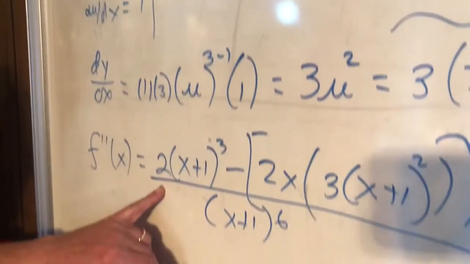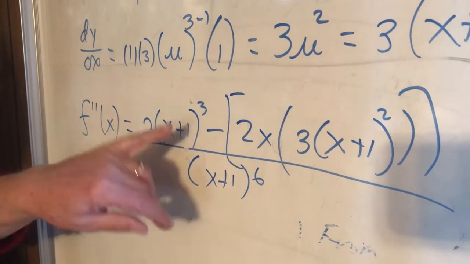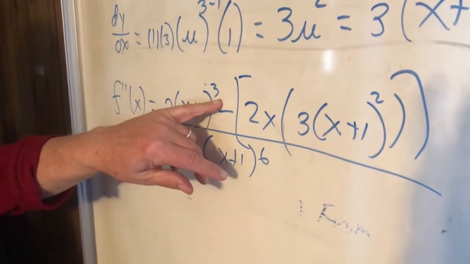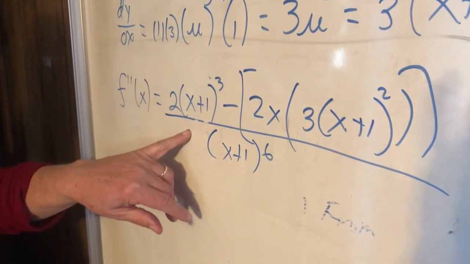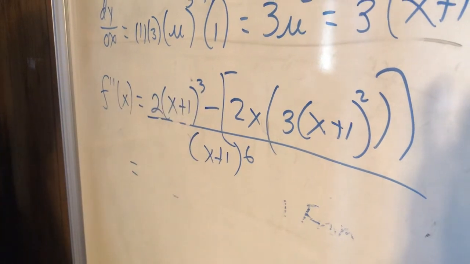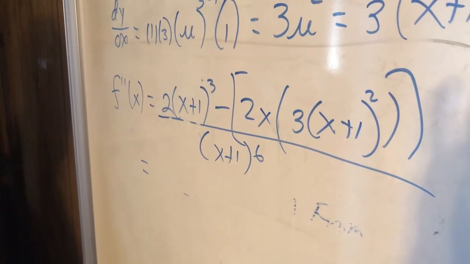All right, now, well, I cannot distribute this across here because this is to a third power. In order to do this, I would have to expand this to a third power and then do it. I can only distribute this if this was to the first power. So I can't do anything with that.